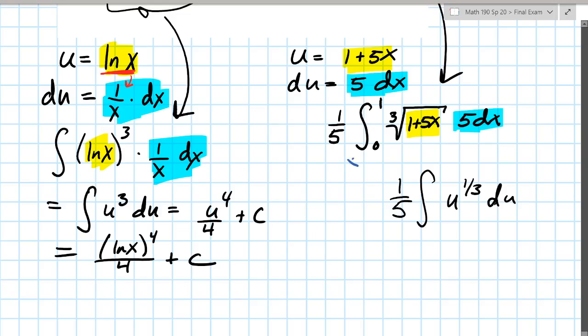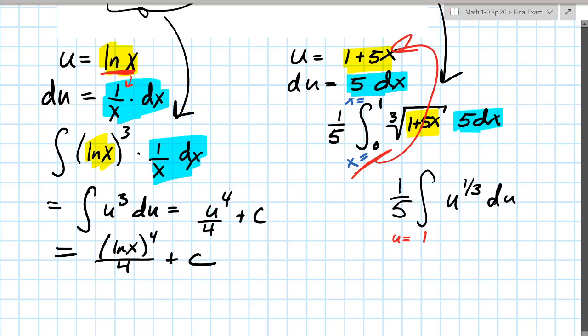But notice this is limits of integration. This is x equals 0 and x equals 1. I don't want x's in my problem. I want u's. So what is the u that goes with x equals 0? So what we do is we substitute x equals 0 back into our equation that we used for u, and we have 1 plus 5 times 0 is 1. So now this is a value for u.